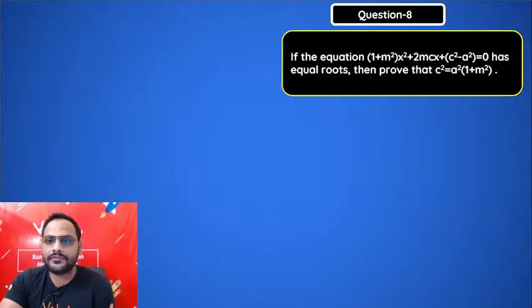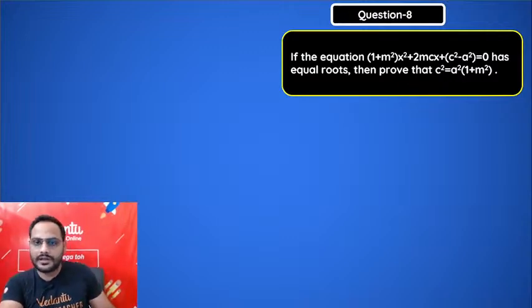Next one, if the equation 1 plus m square into x square plus 2mc into x plus c square minus a square equal to 0 has equal roots, then prove that this will be true. Again, look at the important word, equal roots. Again this is one important question.